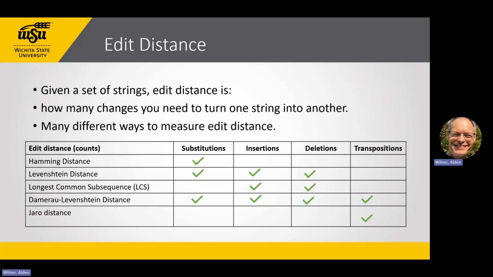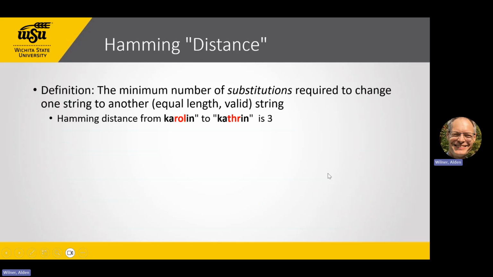Back up briefly. LCS and Levenshtein measure substitutions. Levenshtein measures substitutions, insertions, and deletions, right? What is the Levenshtein distance from Carolyn to Catherine? The answer is, well, we could have it as 3 flips, right? Or we could have 2 deletions.